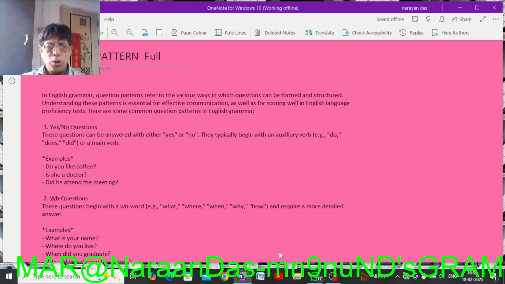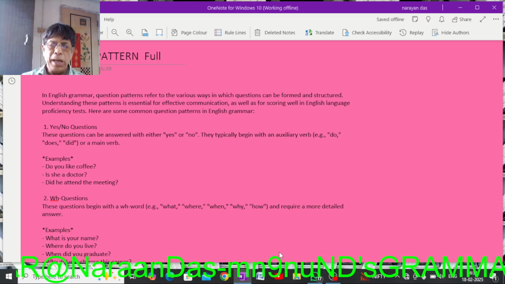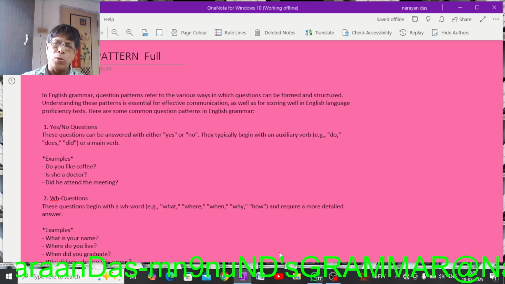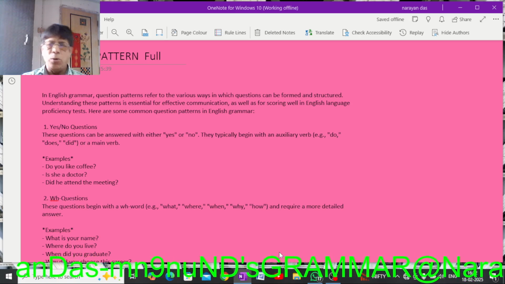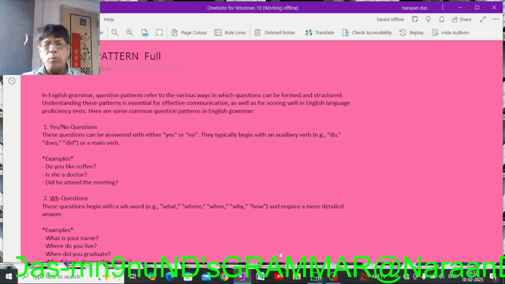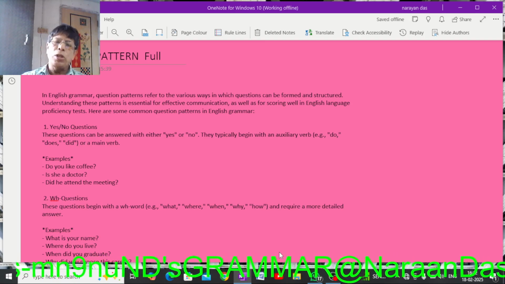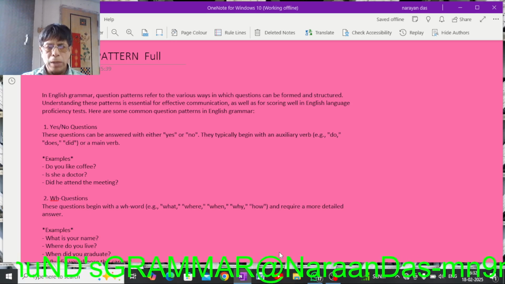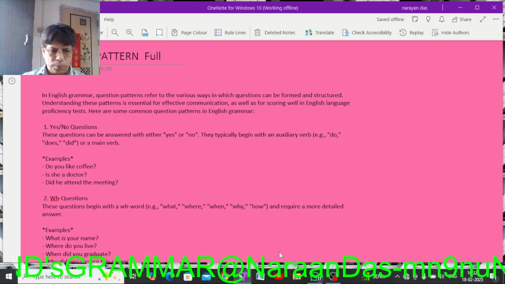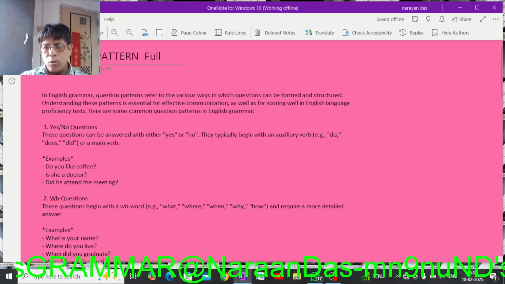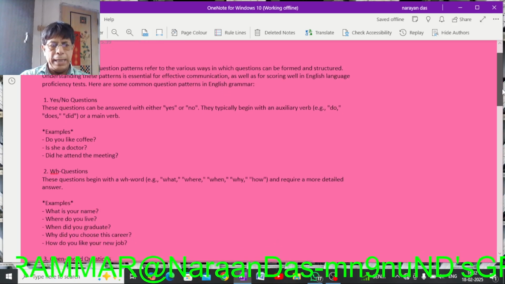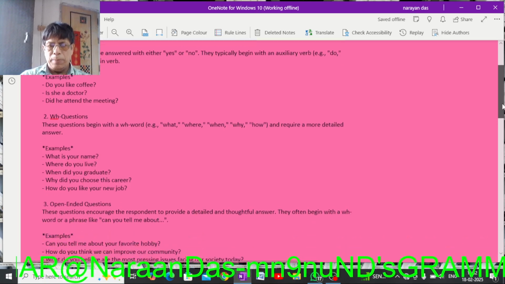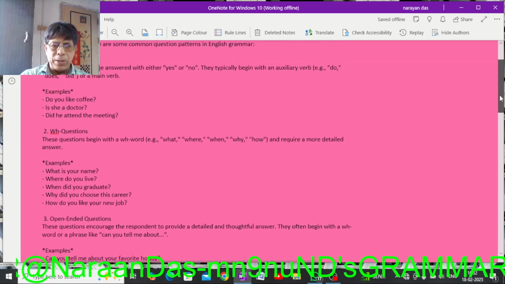Now in English, question patterns include interrogative, that is yes/no answer questions, those questions which can be answered only by yes or no. Then we have WH questions, meaning the questions which begin with WH words like what, where, whom, whose, how, etc., and cannot be answered by yes or no. Then we have tag questions, which are added at the end of the sentence, and we have other different types of questions which will be discussed here.